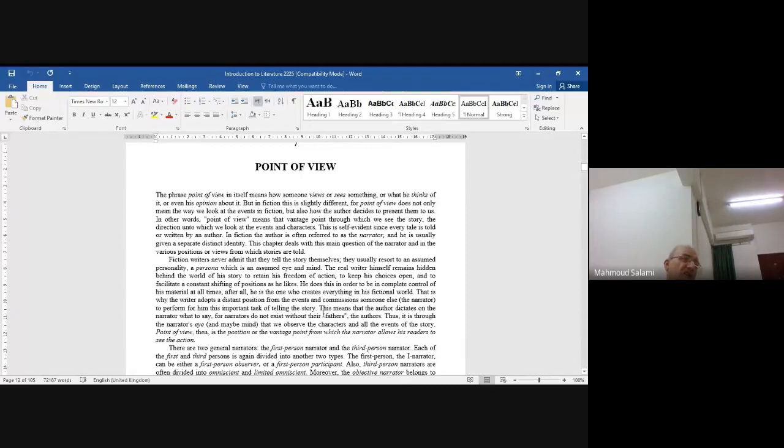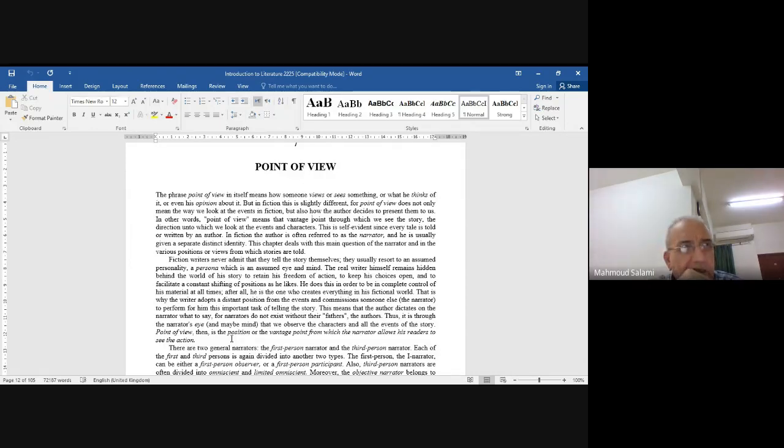Authors pretend that they are not doing this, but we know that they are the real authors of their texts. It's through the narrator's eye and maybe mind that we observe the characters and all the events of the story.